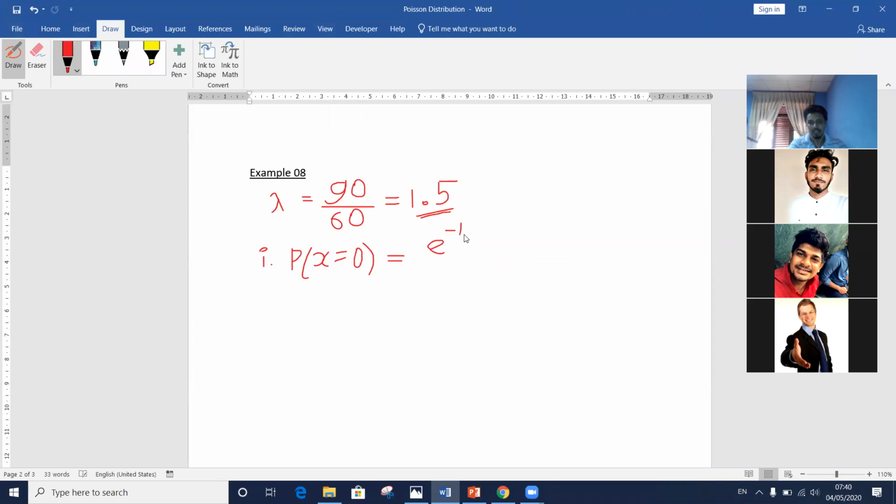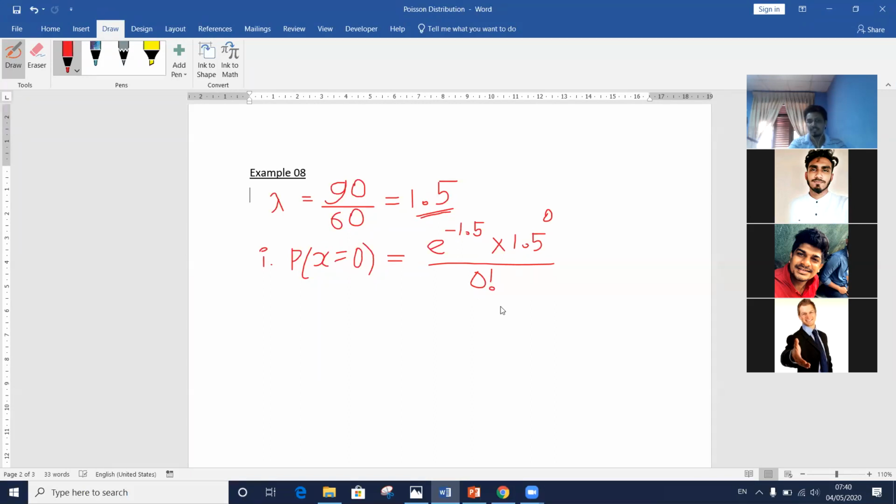Now our lambda value is 1.5. This we need to multiply by lambda to the power x. Lambda value is 1.5. Lambda to the power x. Here the x value is 0. Divided by x factorial.